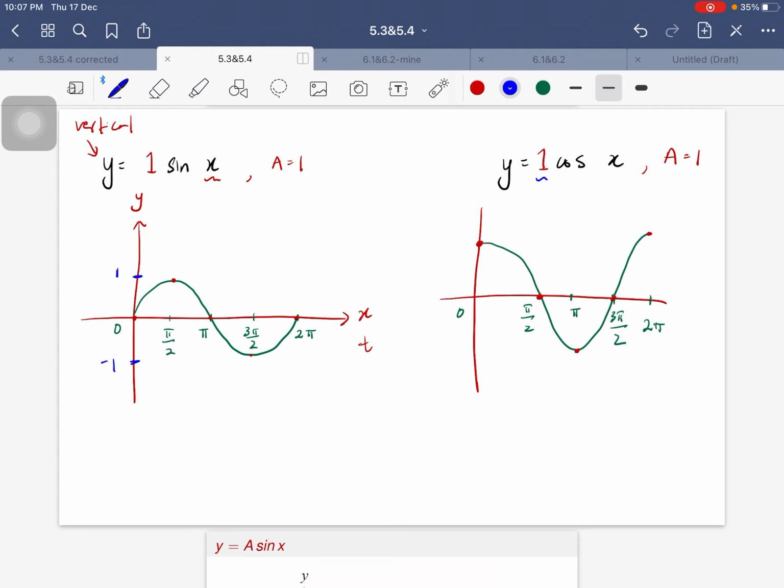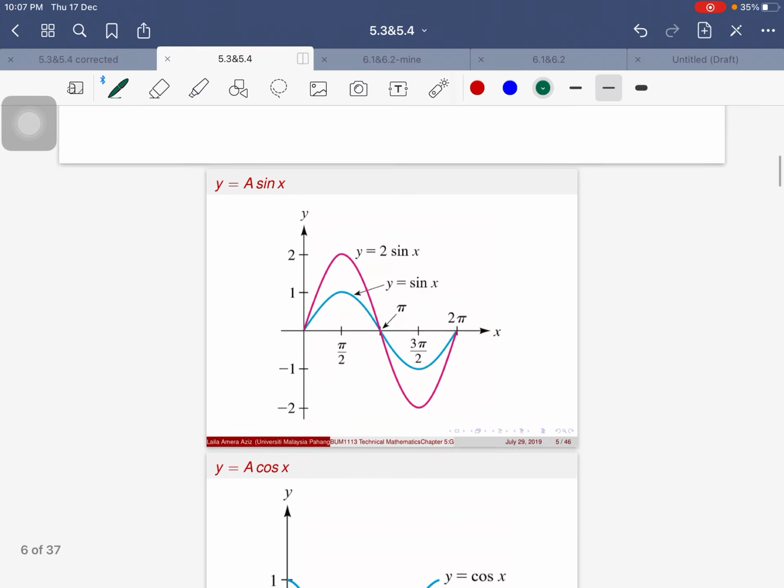The same goes for this one, because when your a value is equal to 1, automatically the maximum value is going to be 1, the minimum value is going to be negative 1. So that is how the value of a is going to influence your graph. It's going to determine the maximum and also the minimum value. One is going to be positive a, and the other one is going to be negative a.